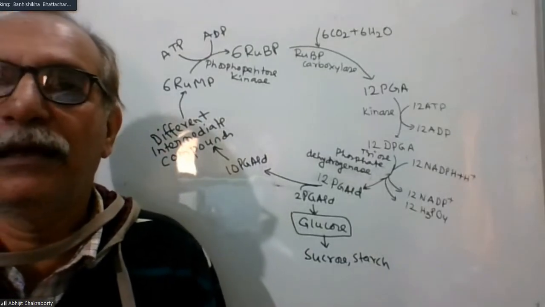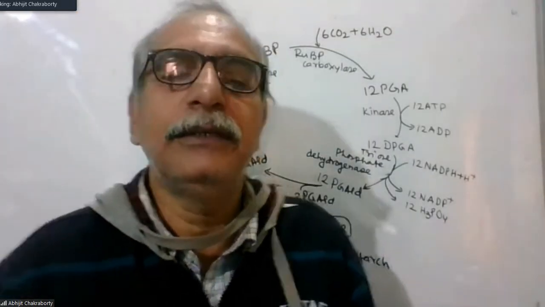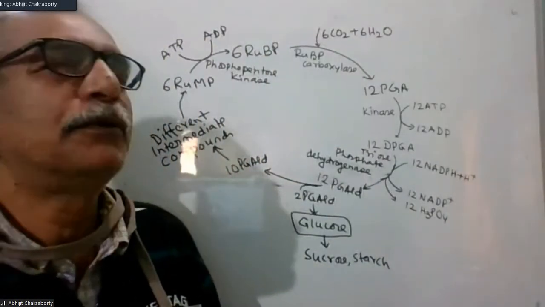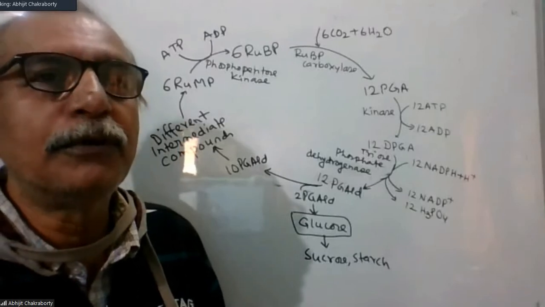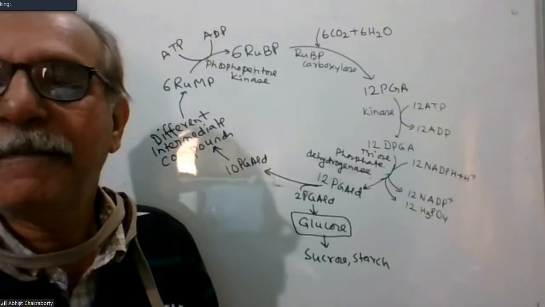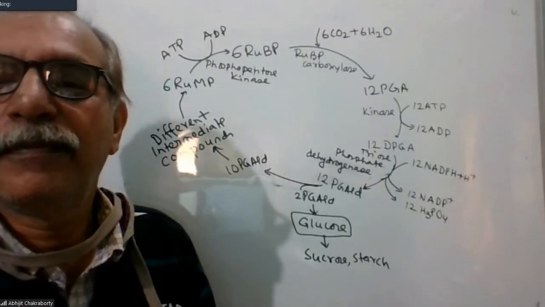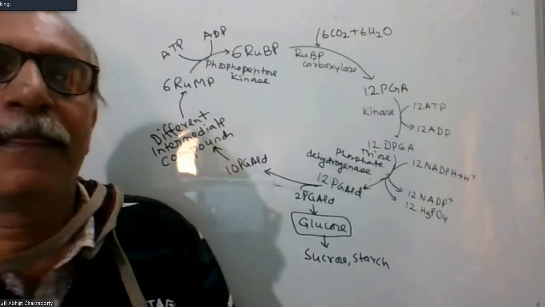Sir, can you repeat the question, please? How many ATP molecules are required to produce 1 molecule of glucose in Calvin cycle? Tell me.